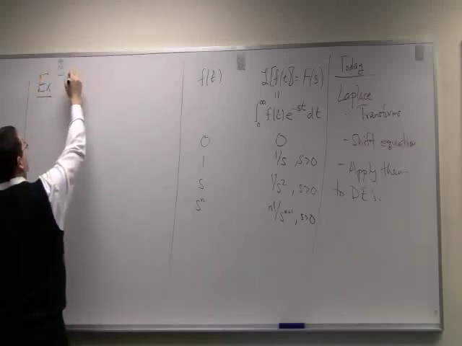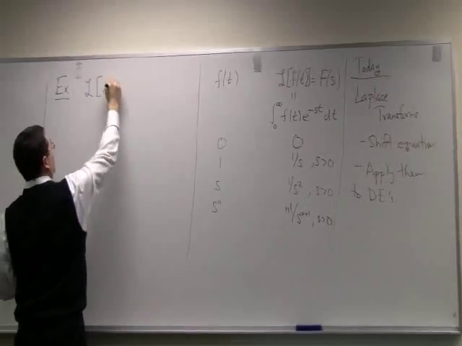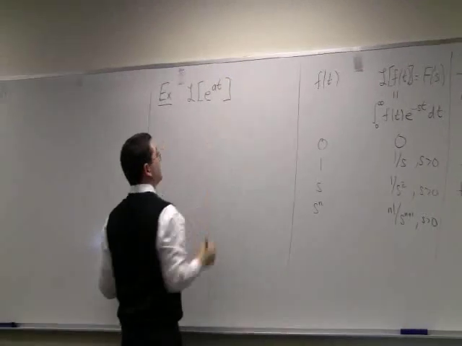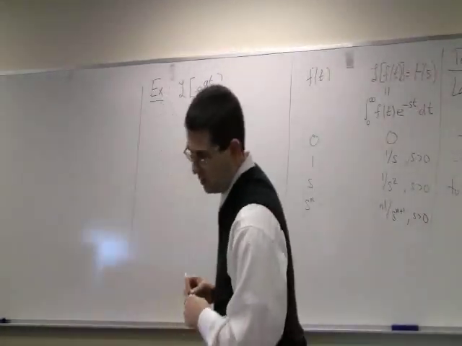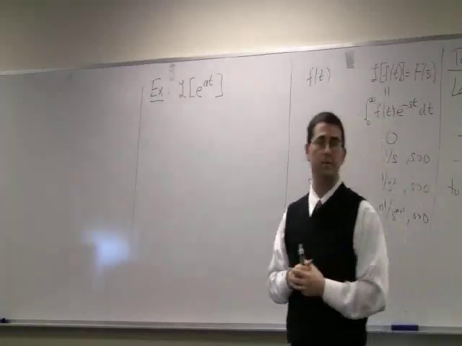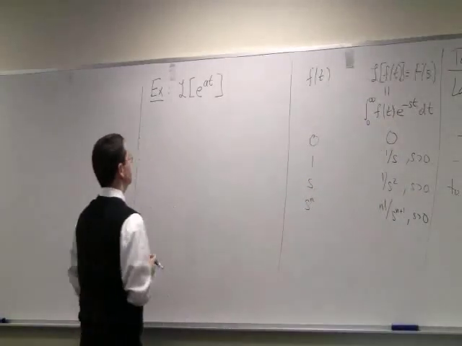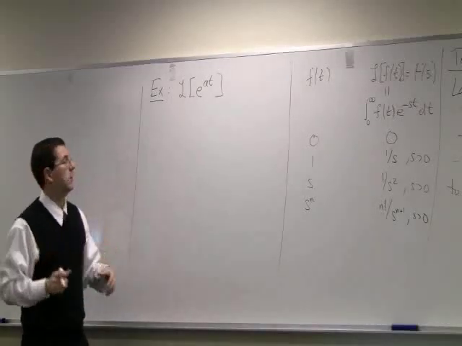So let's try to compute the Laplace transform of an exponential, e to the at. Here a is just going to be some parameter, some constant. Well, this is reasonably straightforward.